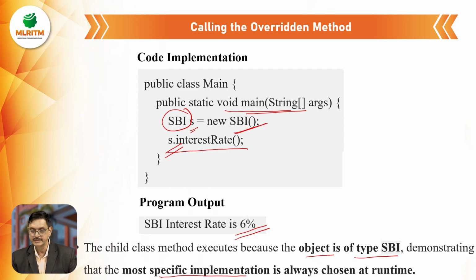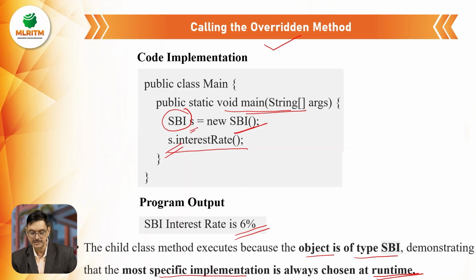This is always useful when you have more than one child class. We create them from the parent, and at the appropriate time, whenever you want to execute the appropriate version of the child class, that is runtime polymorphism. Whenever you want to decide which method to execute at runtime, we use overriding methods.